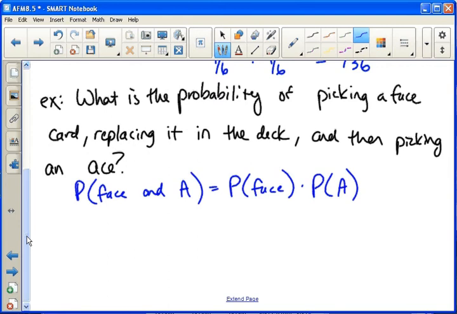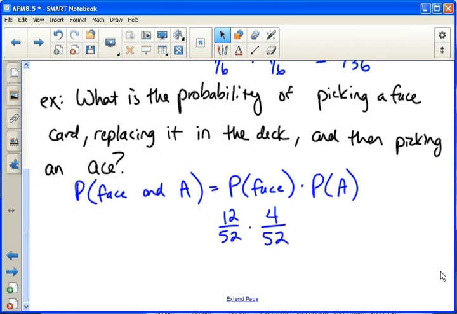The probability of a face card is 12 out of 52. There's 4 queens, 4 kings, and 4 jacks. So that's 12 cards. And we multiply that by the probability of getting an ace, which would just be 4 out of 52. Again, I'm going to let my calculator help me out on this one.